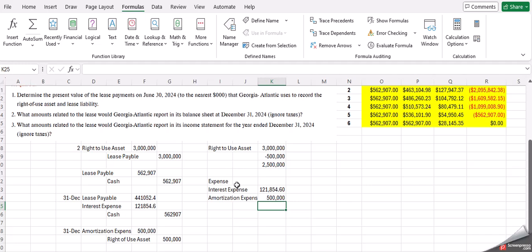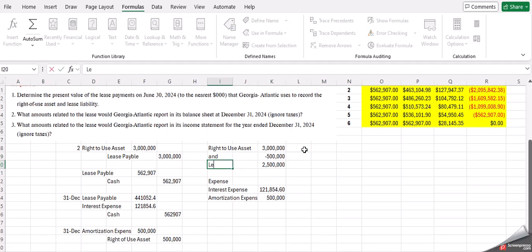So remember, you'll have those two components of expense on the lessee's books, and then they'd have a right to use asset, and then they'd have the offsetting lease liability too. So those would both be the same, the lease liability.